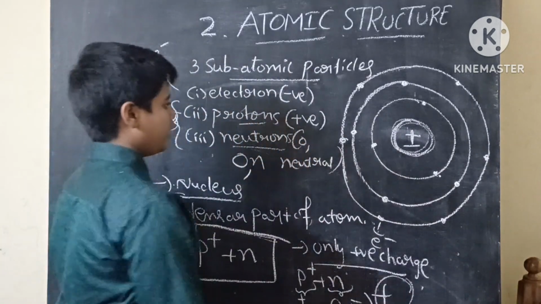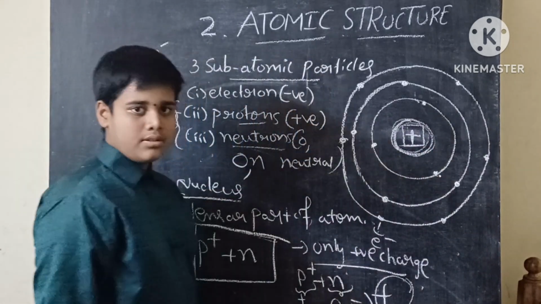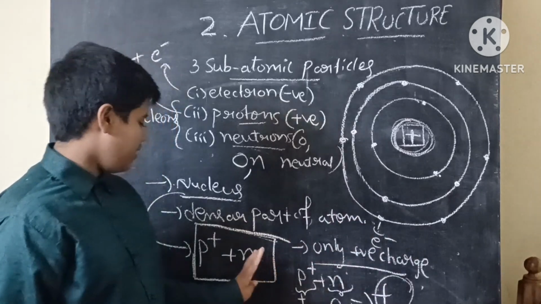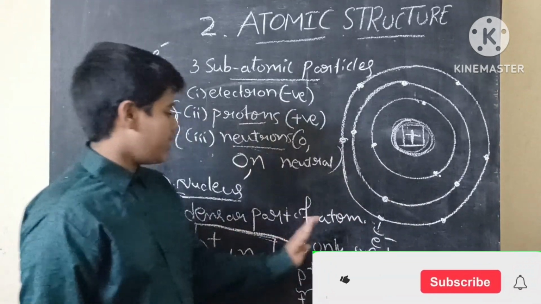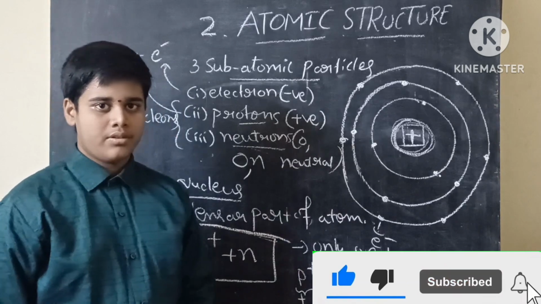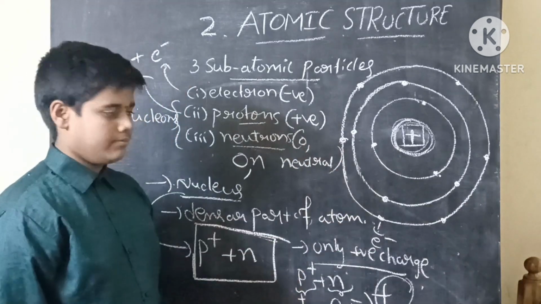So we can say that in this nucleus only positive charge remains, not negative charge, and 0 is already added with protons. Okay, so this is the main structure of this atom.